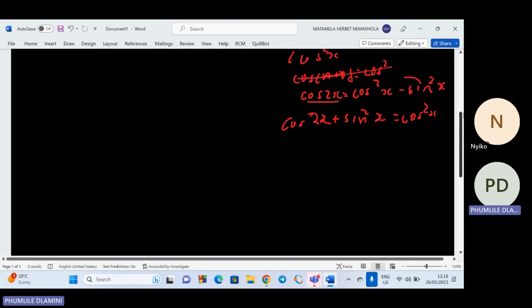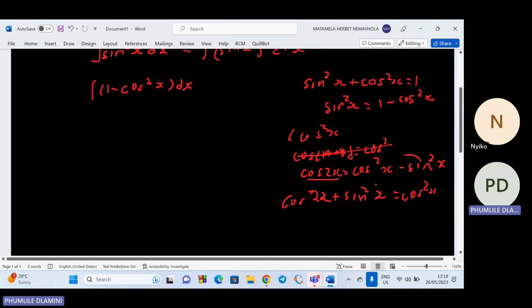But even if I do that, am I still going to achieve the result in a simple way? Am I still going to achieve what I want? We'll find that even if I put this where there is cos squared x, it's still going to have a sine squared x, which I'm still having a problem with.